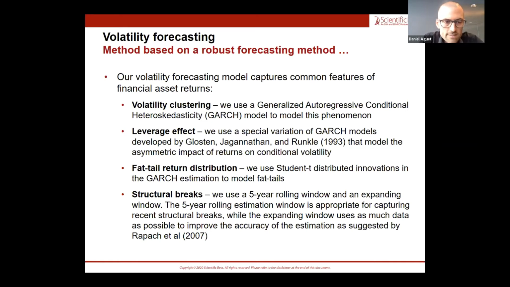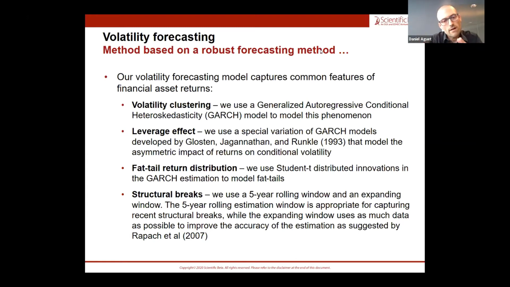The second effect is the leverage effect. When you look at the impact of positive or negative returns on the volatility, there is an asymmetry. Negative returns have more impact on the volatility than positive returns. So when you have huge negative returns, they are followed by an important spike in the volatility.